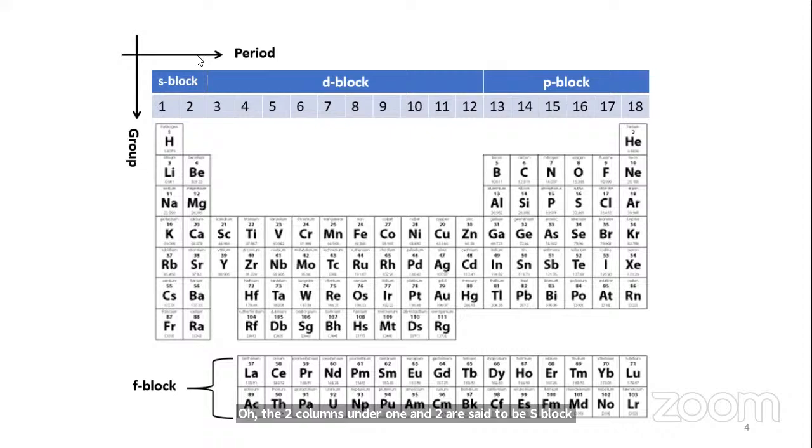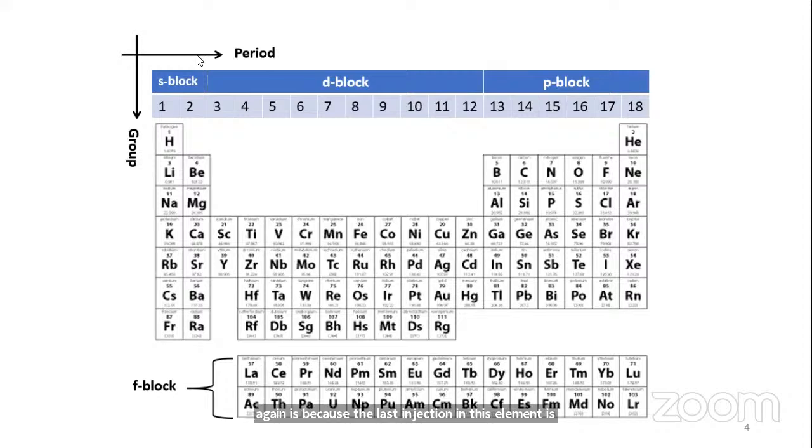Now, after the S block, from 3 to 12, the elements from 3 to 12, which we start seeing at period 4, where we get to scandium, Sc. These elements are called the D block elements. And that again is because the last electron in these elements is present in a d orbital.